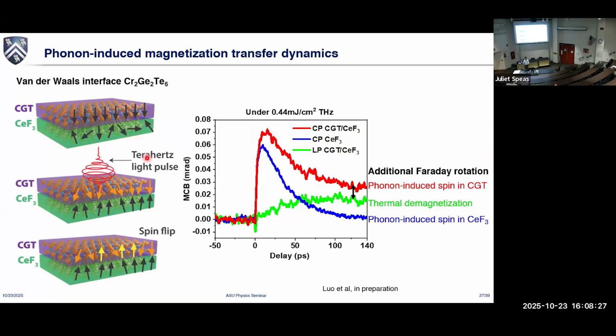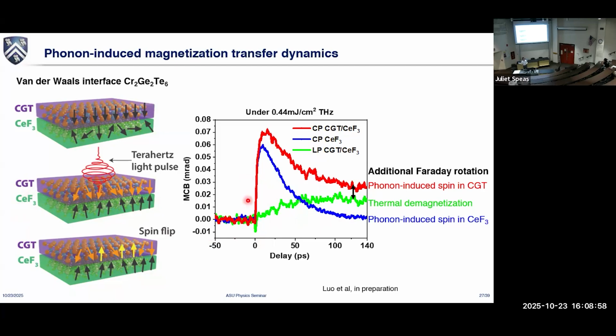Okay. So the result is pretty exciting because, of course, if you put lasers into the material, you will always heat things up. Originally the temperature is 10 Kelvin, we raise it to 30 Kelvin. So that would cause some thermal demagnetization, right? And also because this chiral phonon generates a huge magnetic field within the substrate, you have a pretty large spin response within the substrate itself, right?